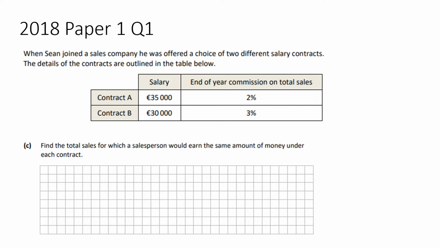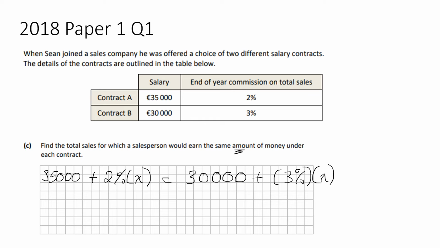For part C, find the total sales for which a salesperson would earn the same amount of money under each contract. So contract A comes from doing 35,000 plus 2% multiplied by X. And then contract B comes from doing 30,000 plus 3% by X. Just put those in brackets.